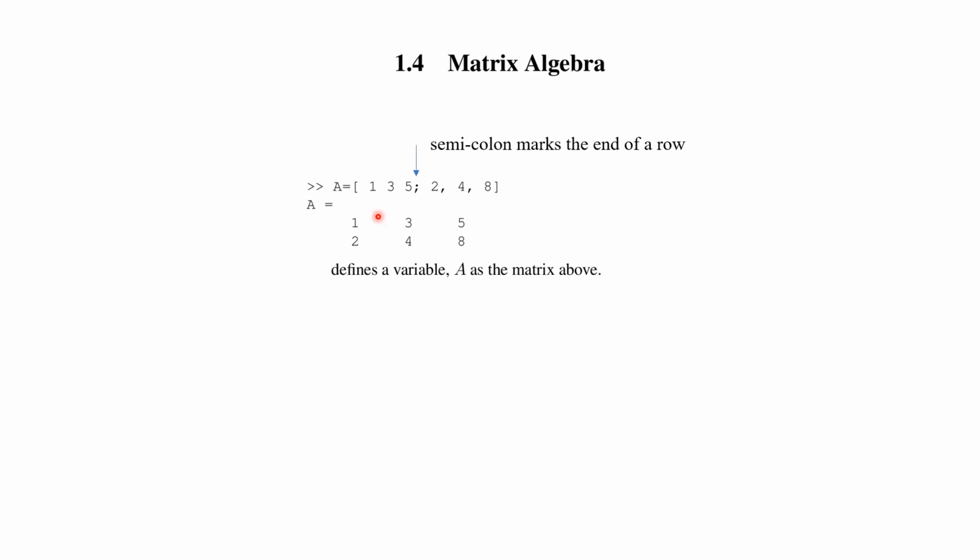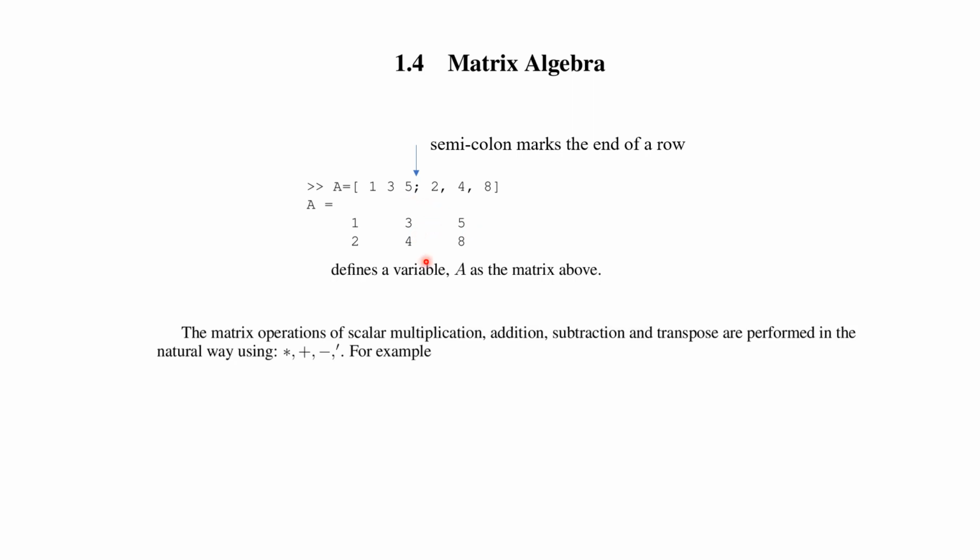So here we've generated a 2x3 matrix called A, using the square brackets to tell MATLAB we're making a matrix, and the end of each row is indicated by a semicolon. And the operations on matrices are as you'd expect: multiplication, addition, subtraction of matrices. That's the transpose, and there are some others which we'll talk about just now.